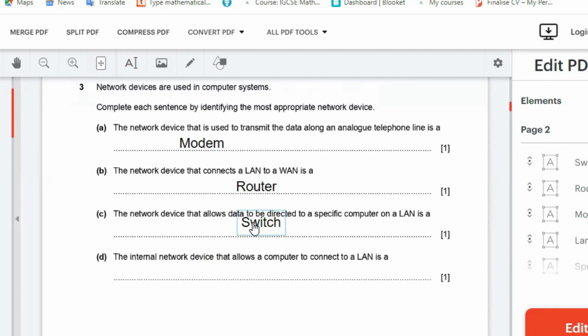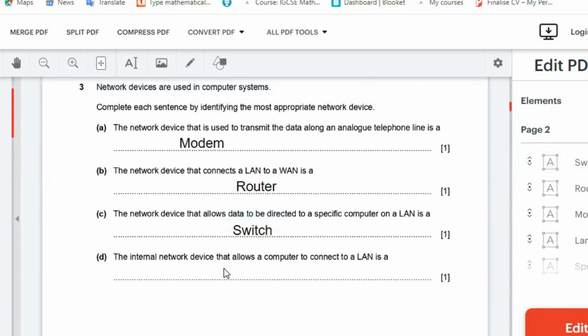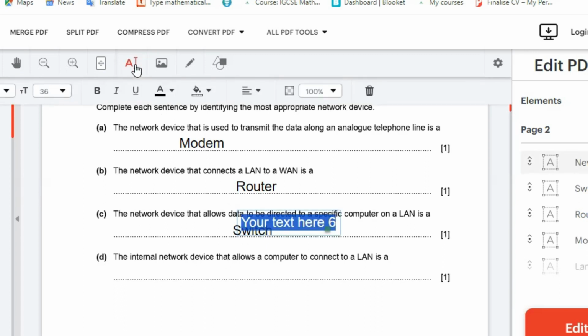Then we go to number 3D. The internal network device that allows a computer to connect to a LAN is a network interface card, or we call it NIC.